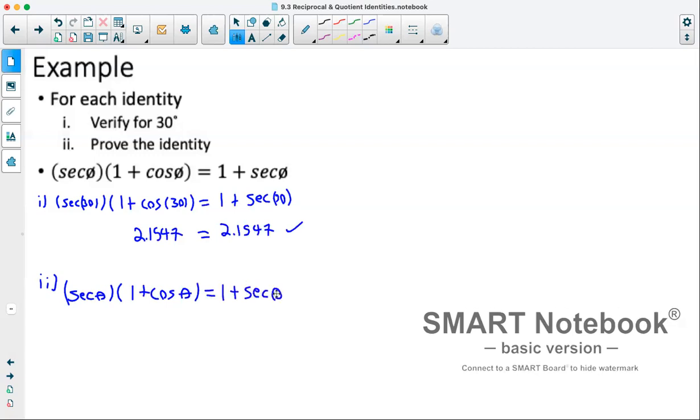Now, I find for proving identities, the easiest way to do it is to simplify things as much as we can. So as a result, I always start working on whichever side looks more complex. So this side, the left side in this case, has more terms, so I would consider it to be more complex.